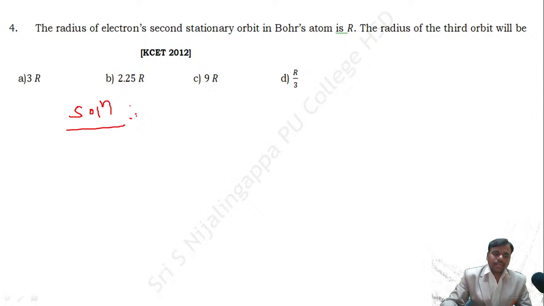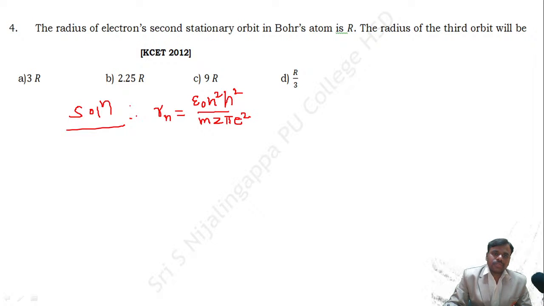Expression for radius of an electron in nth orbit, that is Rn is equal to, what is the expression? epsilon naught n square h square whole divided by m Z pi e square.